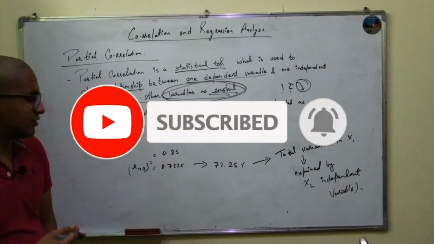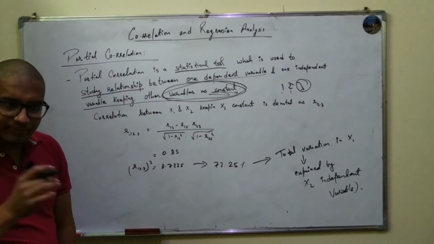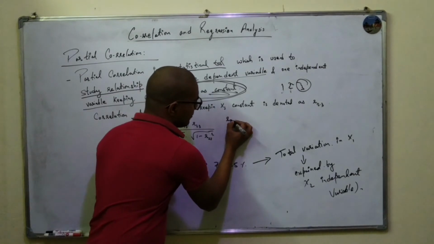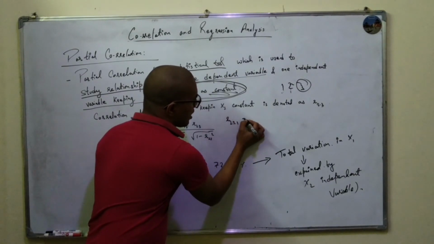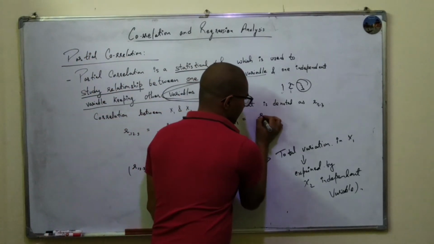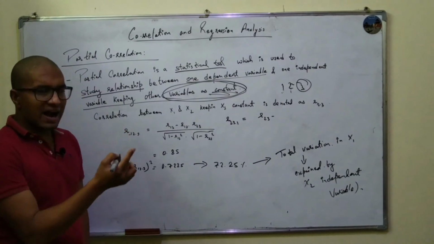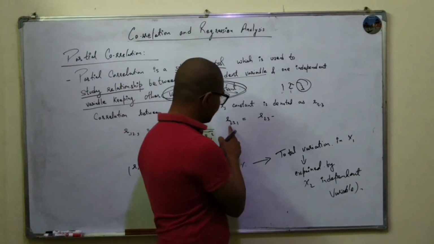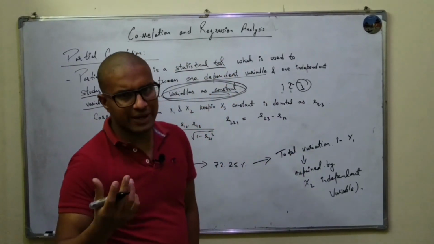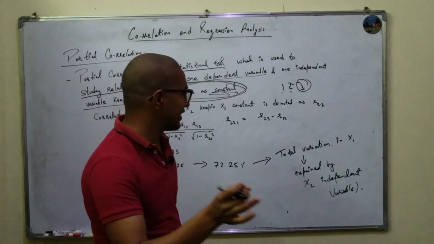So suppose you are doing it the same way, but you are keeping the second variable as a constant, or let's keep 1 as a constant. How will we do it? The formula will be r23.1. So we will write r23 minus r12 times r13, you can write r12 or r21 any way, as we told, it is always symmetric.